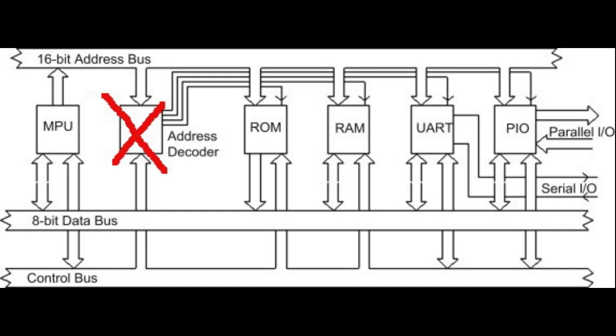Another thing that may happen is that the address decoder is bad in a way that it selects more than one of the chips at a time. For example, one I/O chip may be always selected, or RAM and ROM can be selected together.